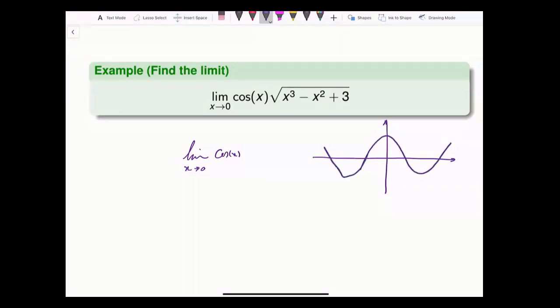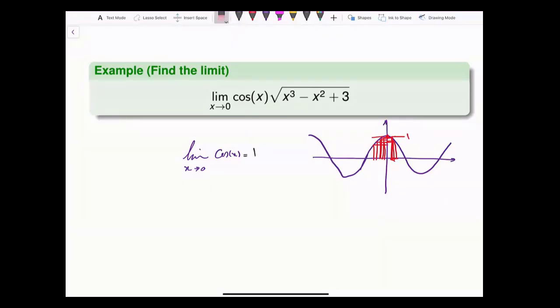And as you see, when I get closer to 0, the values of the function get closer to the value of the function at 0. Let me start from here, from there, from there. As you see, all of the values are getting closer to 1. So that means that this is equal to 1.